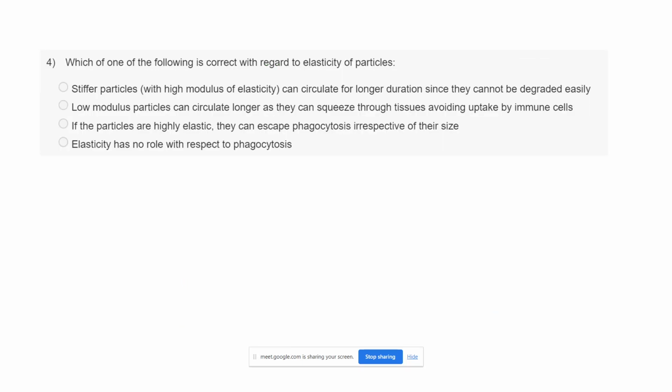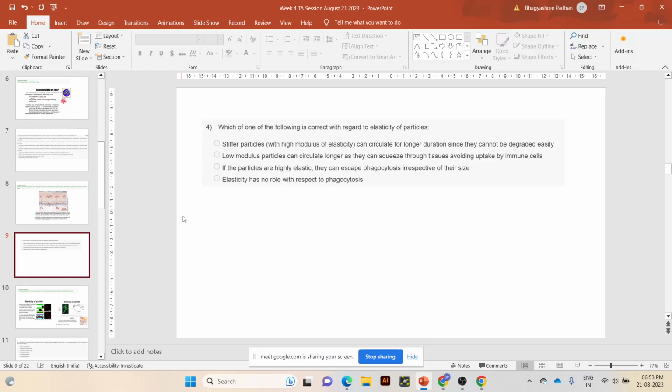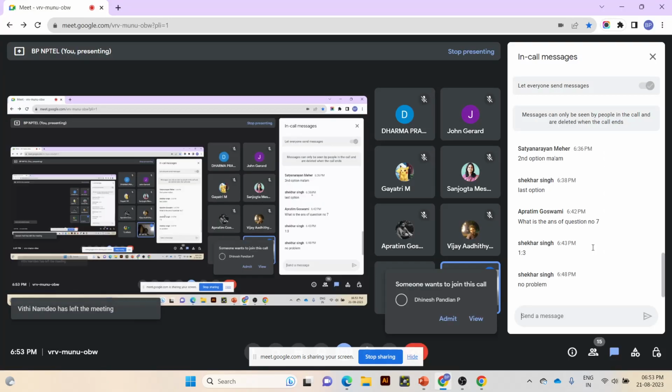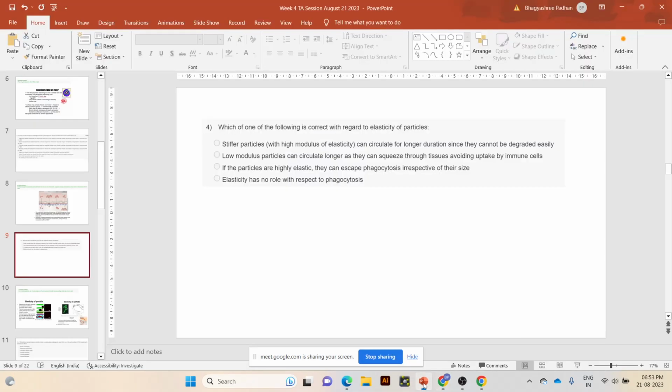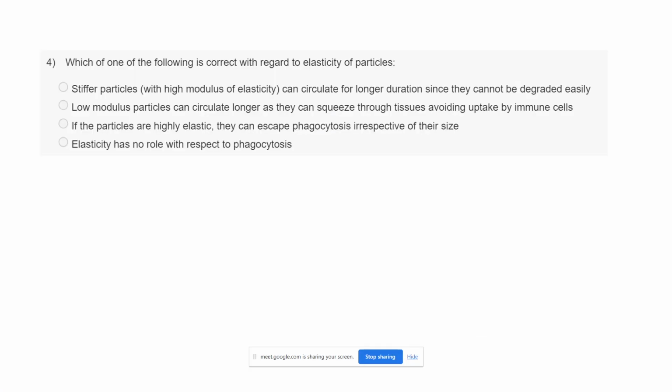Now the next question, which one of the following is correct with regard to elasticity of particles? Stiffer particles can circulate for longer duration since they cannot be degraded easily. Low modulus particles can circulate longer as they can squeeze through tissues, avoiding uptake by immune cells.